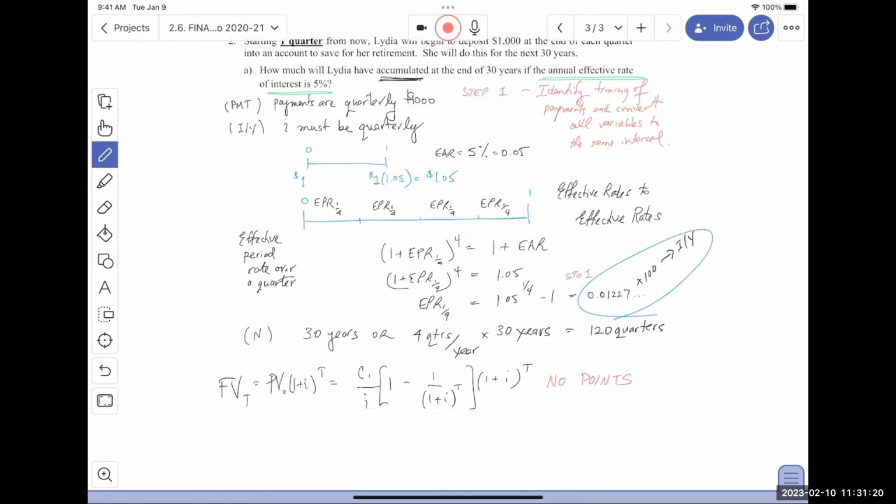So FV, 120 quarters, you could also put 30 years. I don't mind as long as you know what you're doing. I'll write it in words: quarters. And that's equal to 1,000, starting 1 quarter from now, so it does match with the annuity formula.